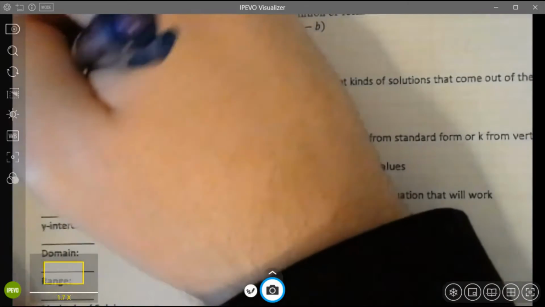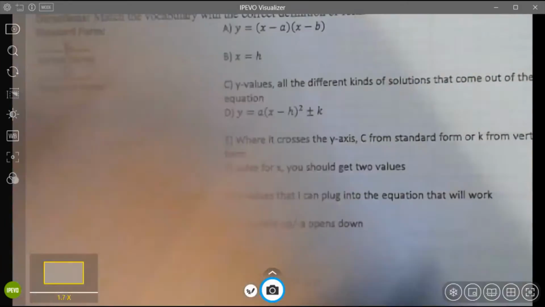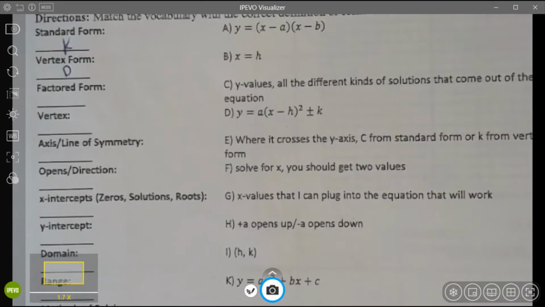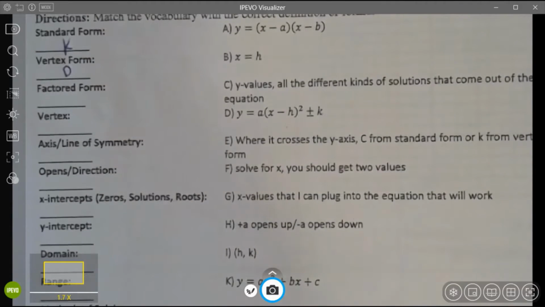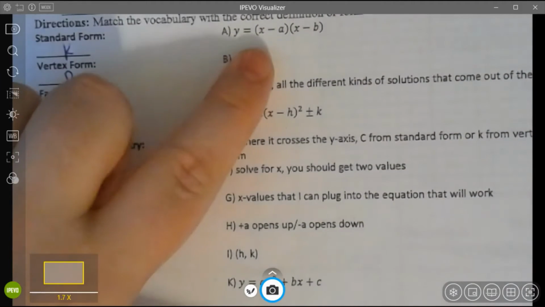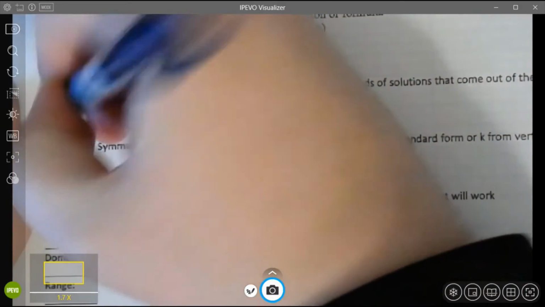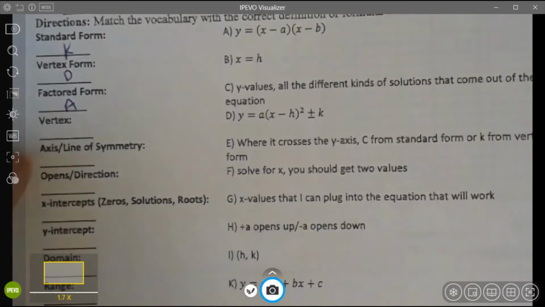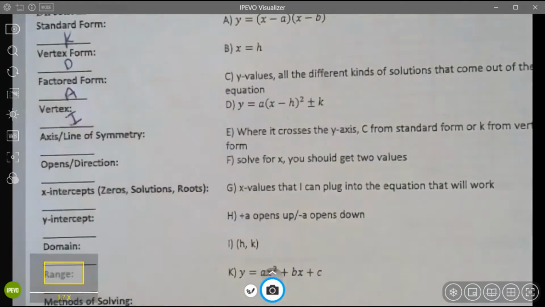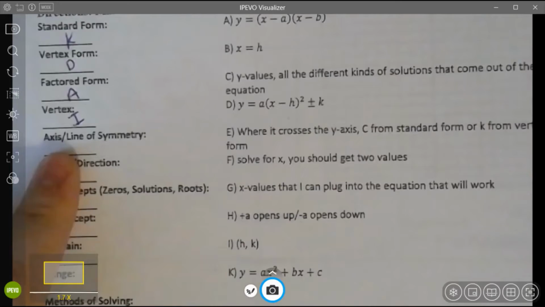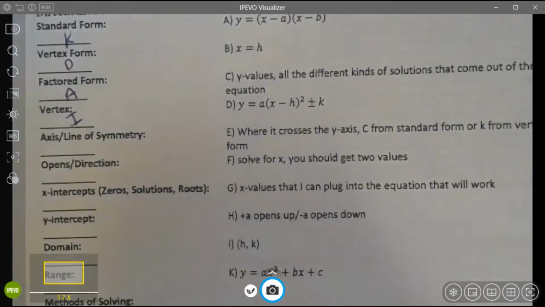So that's going to be choice D. Factored form of the quadratic is y equals x minus a times x minus b. Choice A. And then the vertex is, remember, always the point h comma k. So that's going to be the letter I here. The axis of symmetry is just x equals the h value, so that's B.